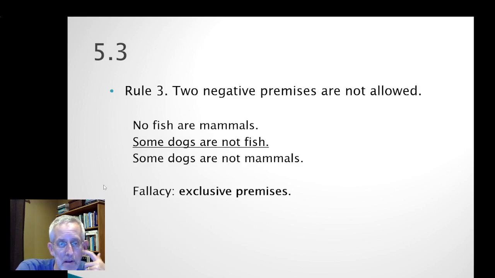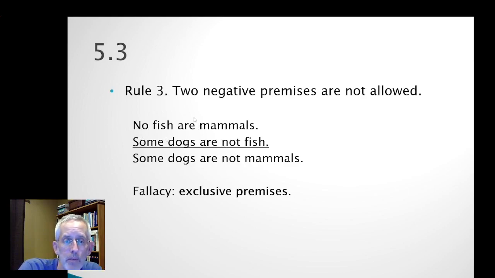Rule 3, two negative premises are not allowed. Remember we learned that our categorical propositions can be negative or affirmative in their quality. If there's a no that occurs anywhere in those propositions, we know that they're negative; if there's not a no, then they're affirmative.